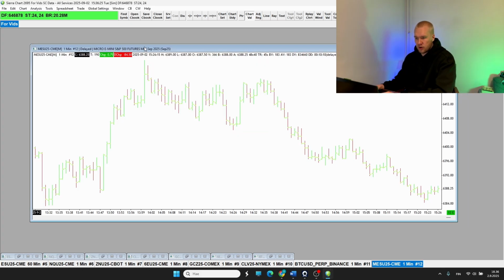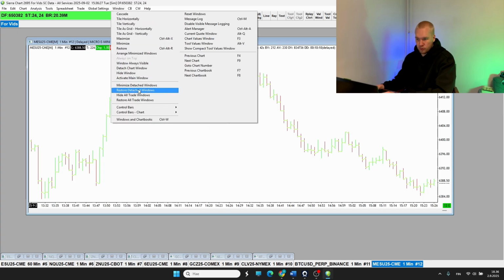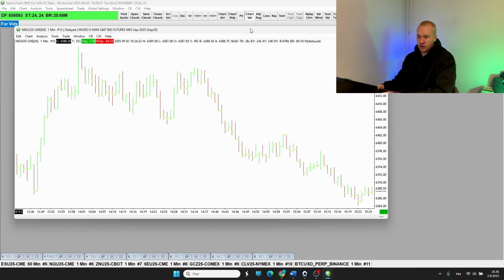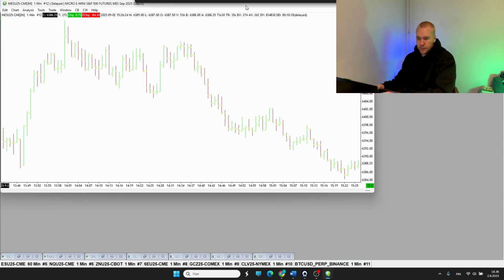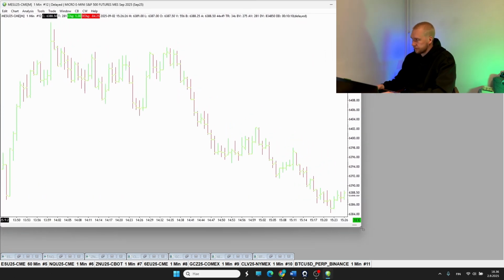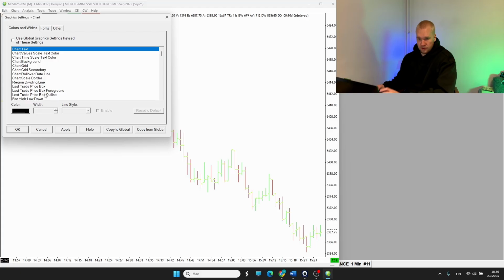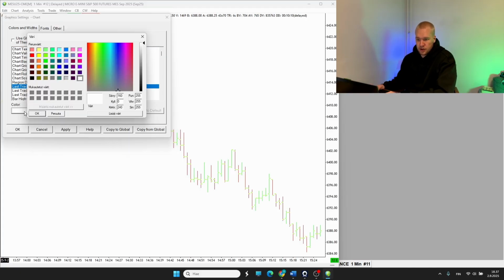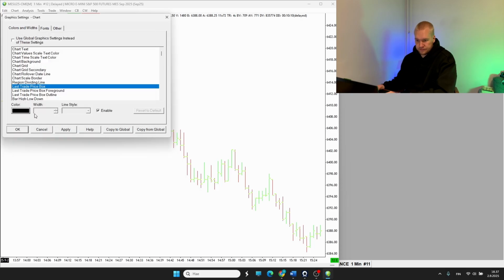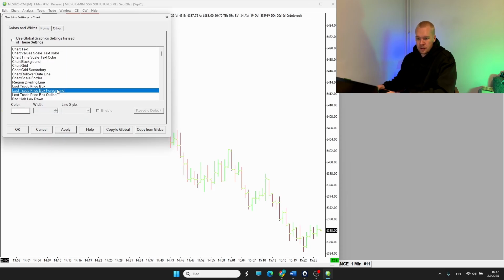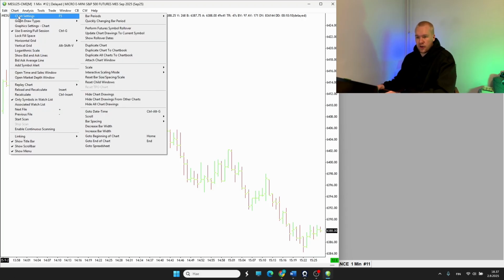And after that we're going to detach. So come to Window and then we'll just detach, so we don't have to have that in the background. And then we're going to come to the graphic settings of that chart and take the global off, and we have the last trade price box. This is going to be black, and then the foreground will be white. So those are the graphic settings for now.